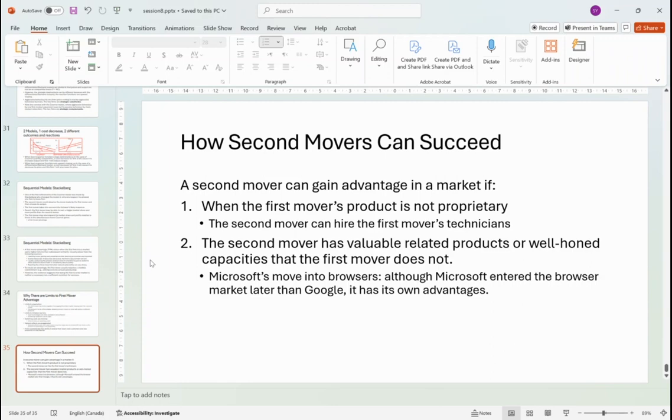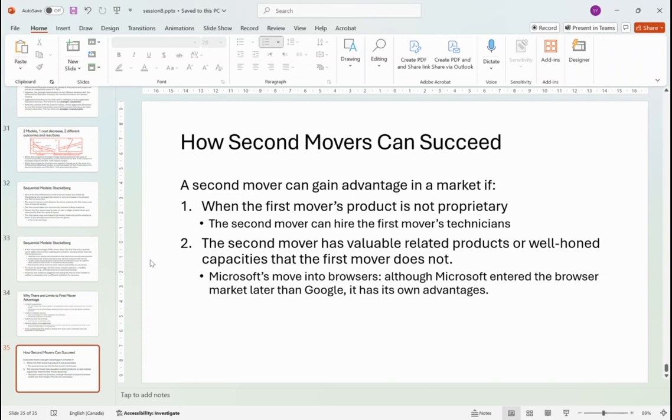Or sometimes the second mover has a valuable related product that creates a capacity that the first mover doesn't have, right? For example, Microsoft moved into the browser market while Google was already in the market for many years.